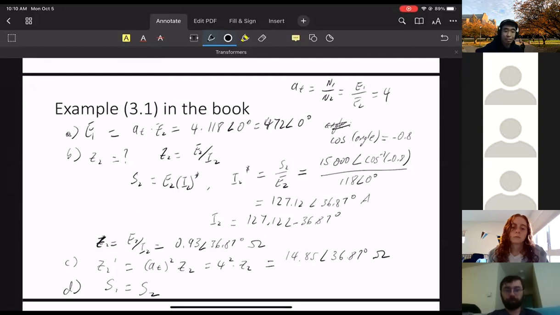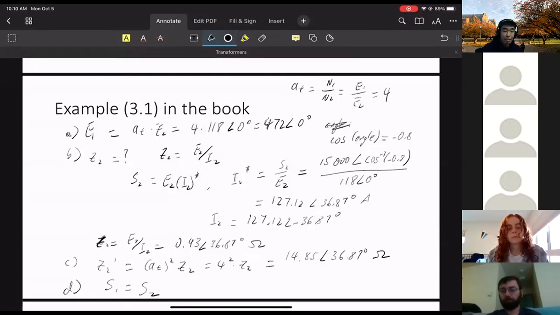It's insufficient to write in your final answer, I plugged into my script and this is the answer that comes out. If you want to use a computer, that's fine, but write down the equations you're using. The numbers can come from your script. This happened last quarter: people wrote scripts and on the final said, buy my script, this is the answer I got, which is not what we're looking for on the final.